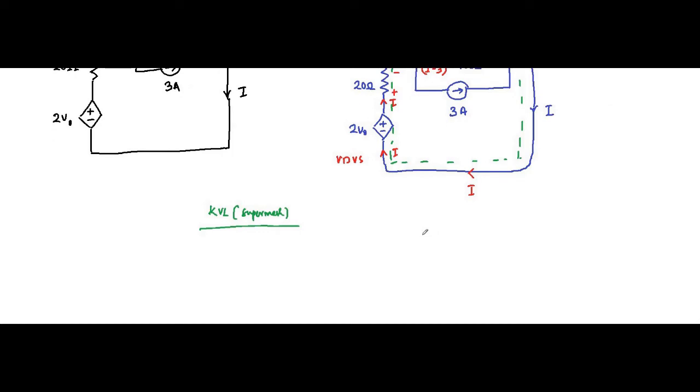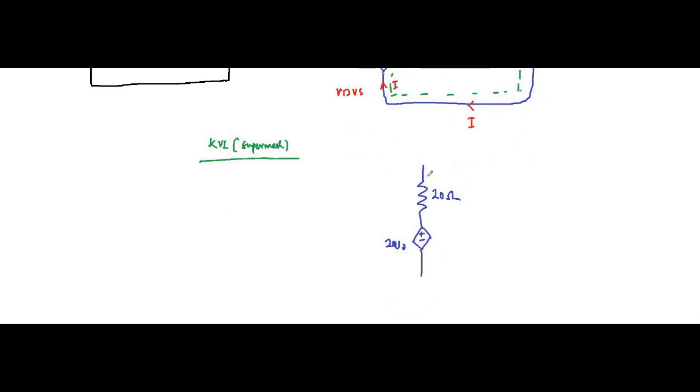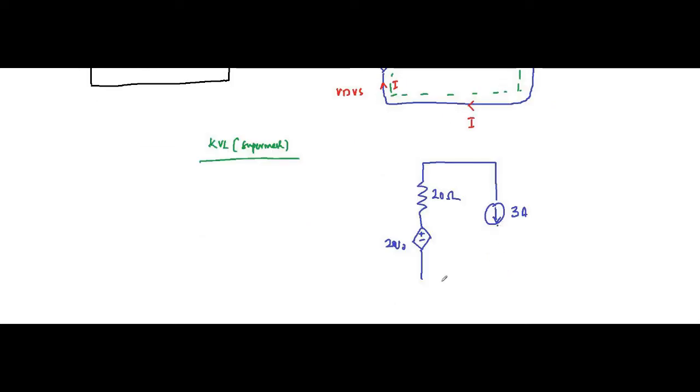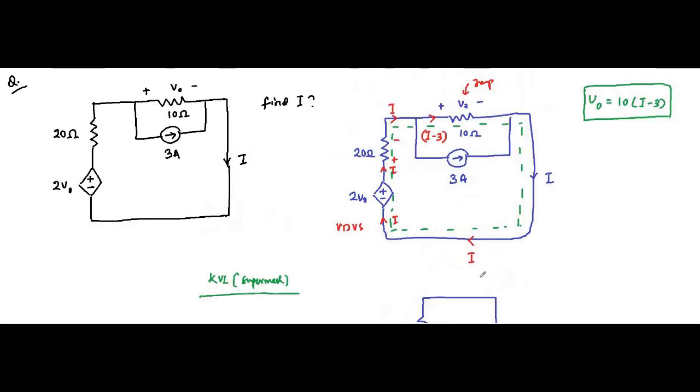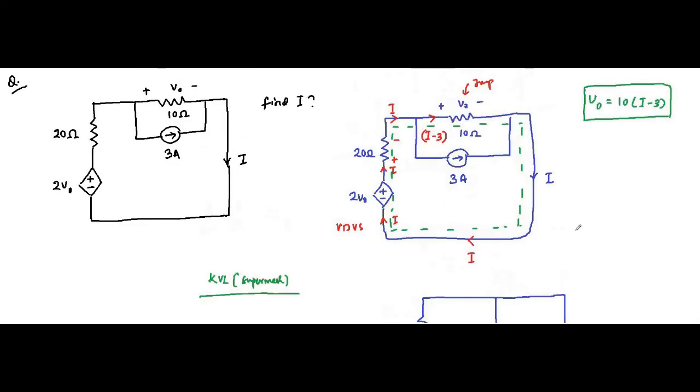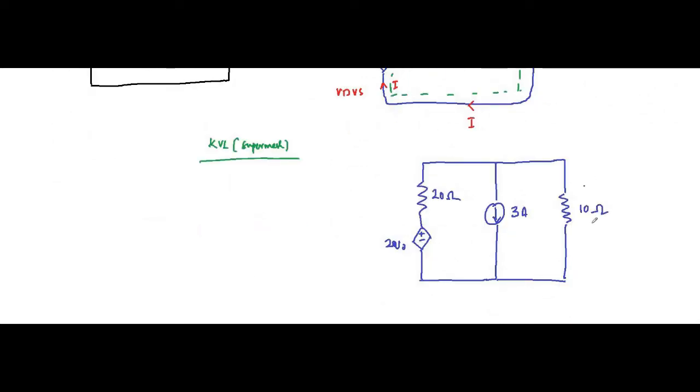It will be like this: the 20 ohm, plus minus 2 V0, then we have this current source, which is 3 ampere, and then we have the 10 ohm resistor part, like this.